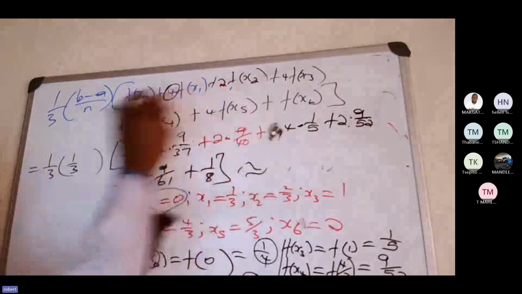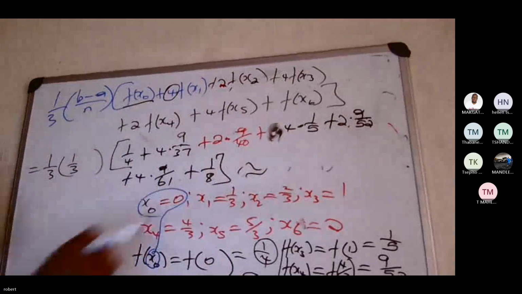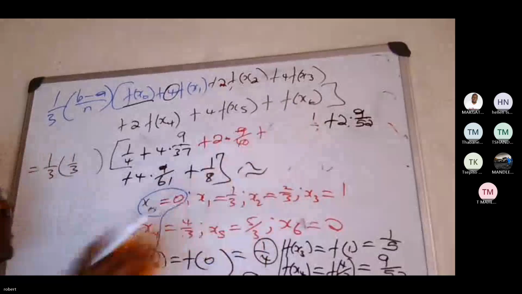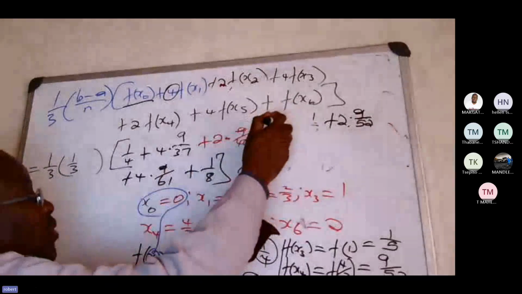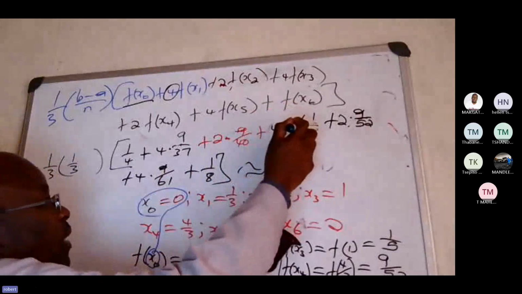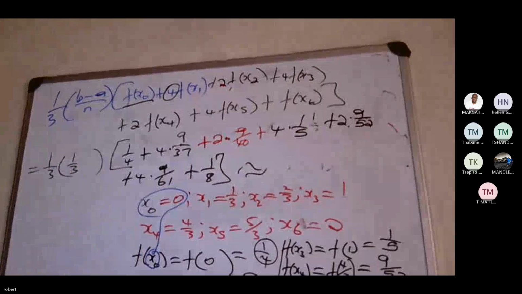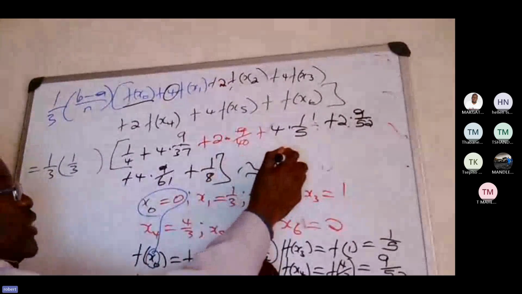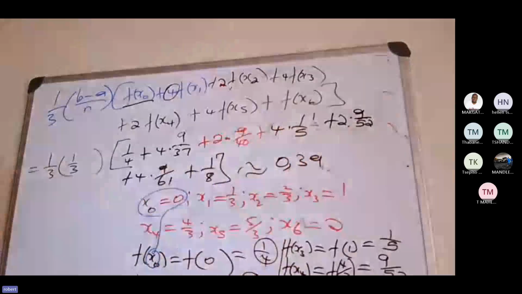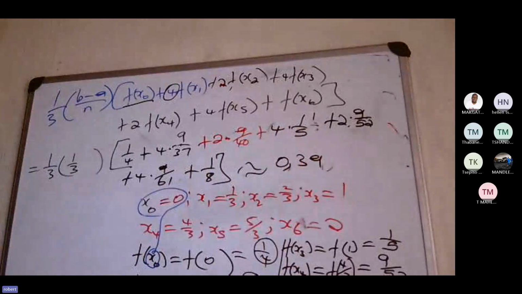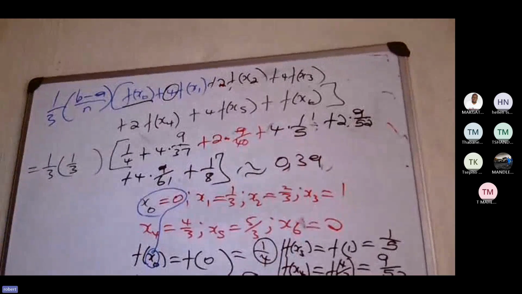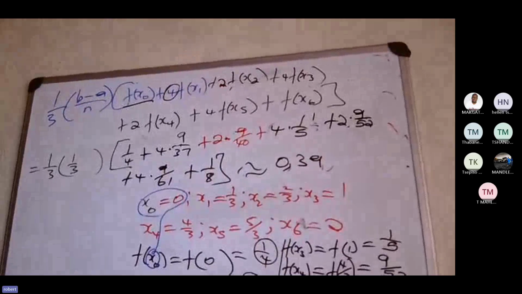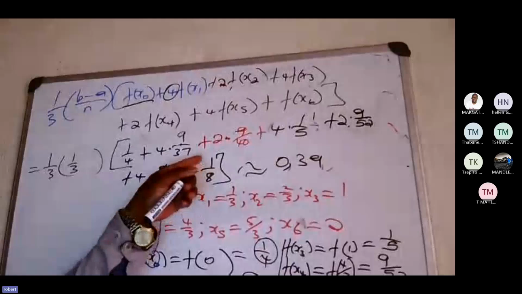Then you calculate this. This we have said is 4 by 1 over 5. Then you calculate this. Then the answer here must be more or less it is. I'm not sure whether it will be 0.38 or 0.39, but it must be more or less it is.